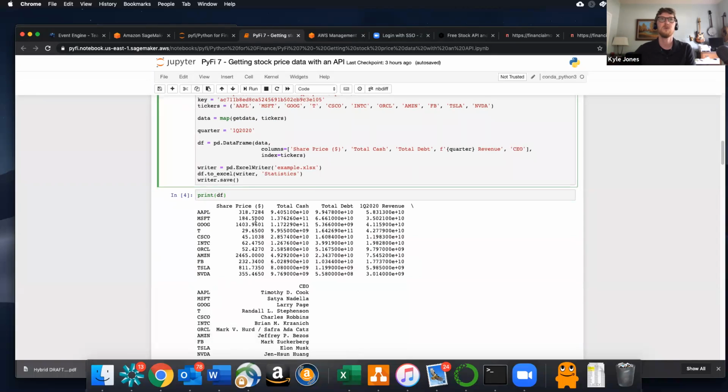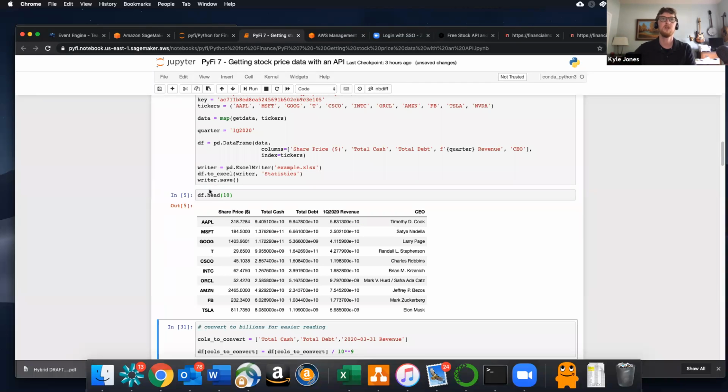And that is what lets us have this nice data frame. You can change this too as well. Prettier.